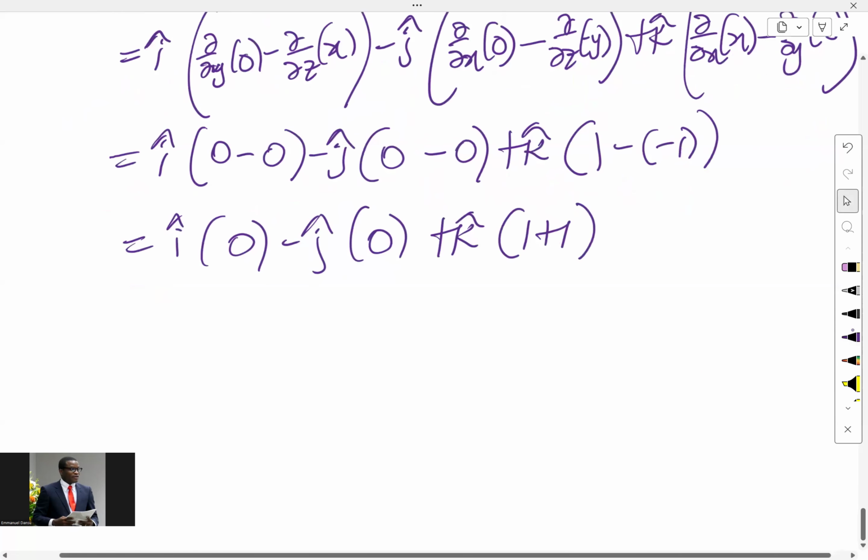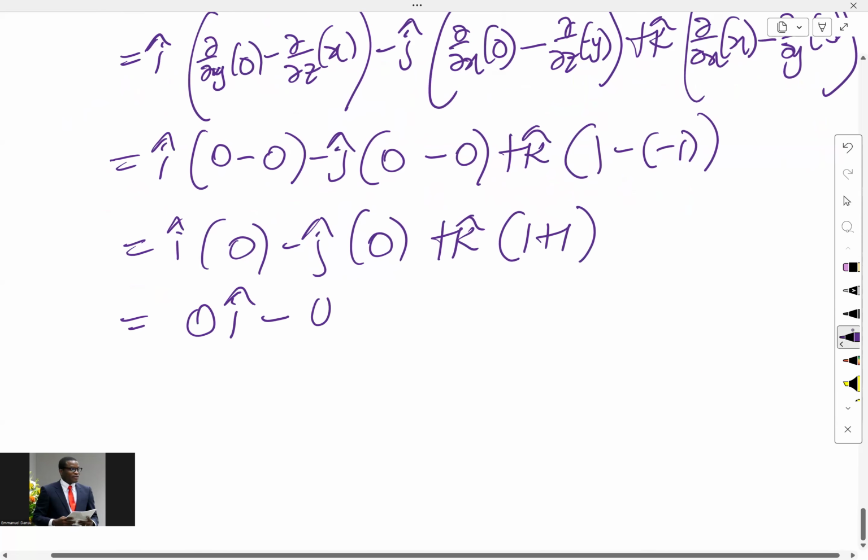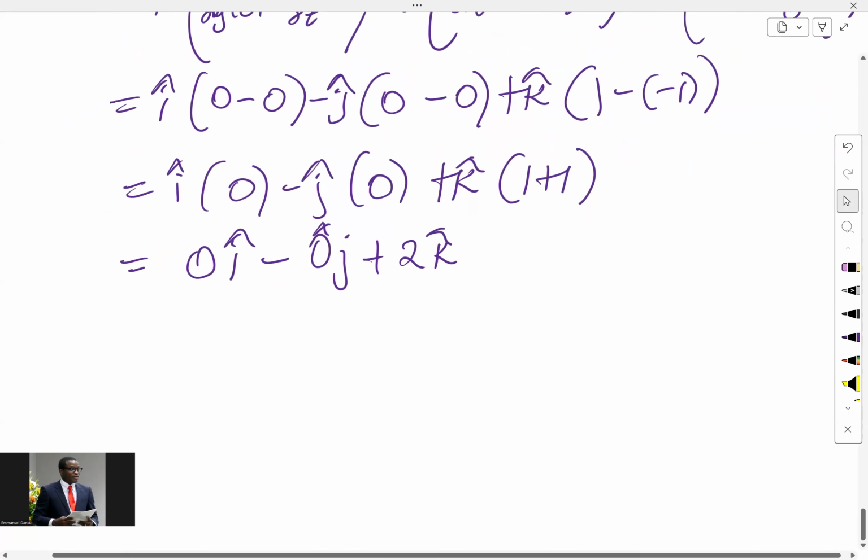So we have 0i minus 0j plus 2k. So that means that our del cross V is equal to (0, 0, 2).